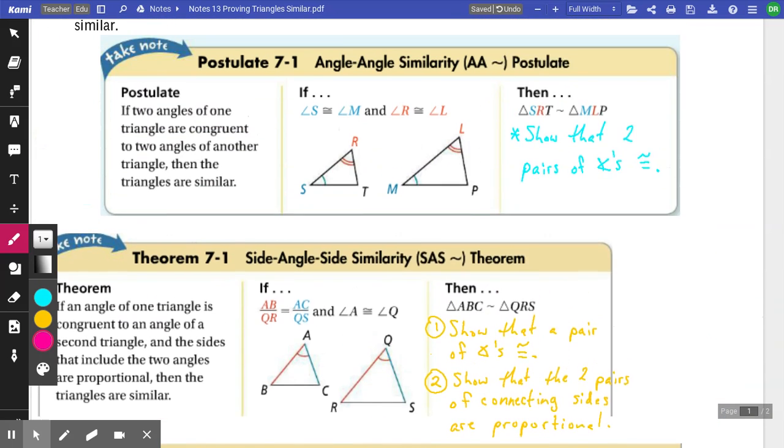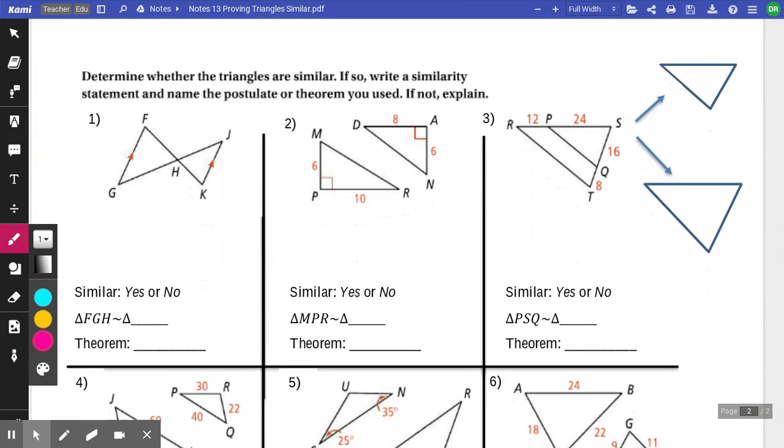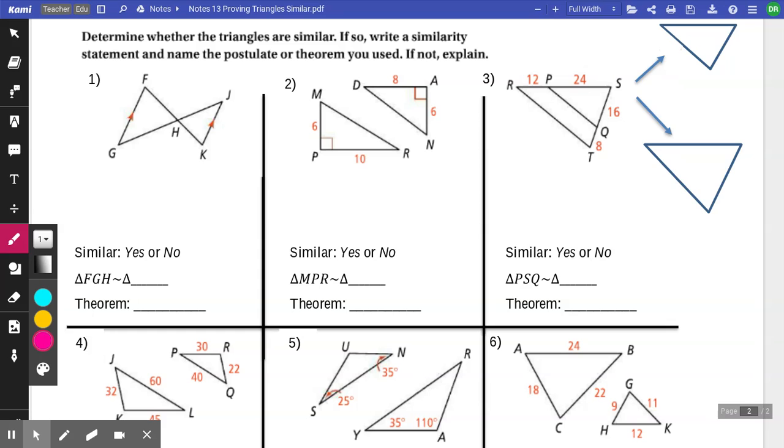They just take little pieces of information instead of checking all of the angles and all the sides. So let's look at a few cases here that could happen, and we might have to pull some old information from the past. Starting with number 1, you see that there's nothing. There are no side lengths and no angles shown. And the only thing you're given are these arrows on segment FG and JK representing parallel lines.